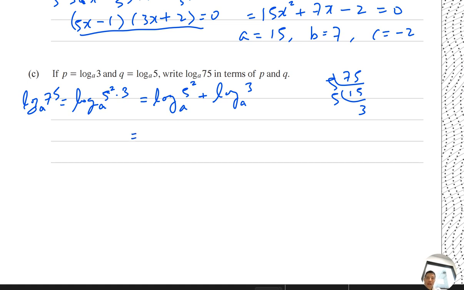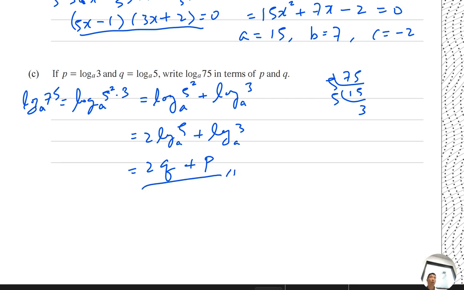And now, as you know, the index comes to the front. So 2 log 5 to the base of a plus log 3 to the base of a. And log 5 to the base of a is q, isn't it? So that's 2q plus log 3 to the base of a is p. So that should be the answer.